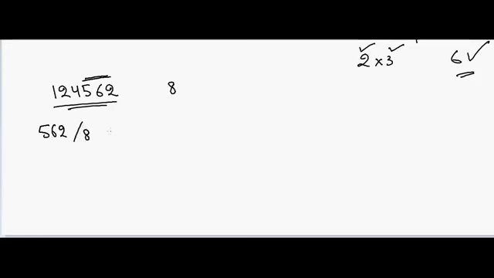If we divide it by 8, I can see that I get 7 and then something which is not divisible by 8. So this number is not divisible by 8, so this whole number should not be divisible by 8.